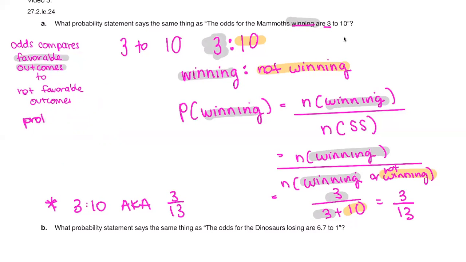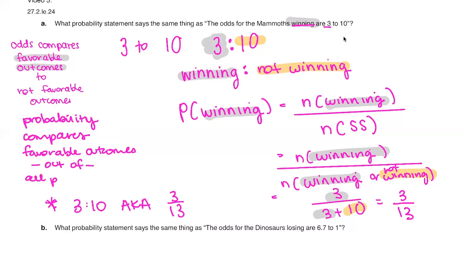Probability compares or considers or looks at favorable outcomes out of all possible outcomes. I hope the way I wrote this is a little bit more clear. I'm trying to make it look like a fraction bar going on here. Favorable outcomes is your numerator. All possible outcomes is the denominator.